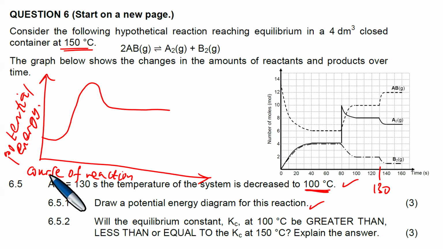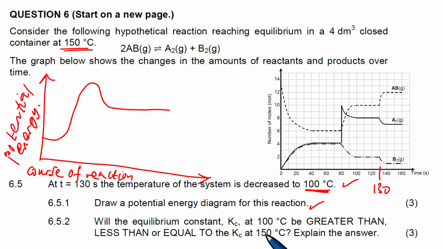This is what becomes noticeable, and I will elaborate more on this in a little bit, but this will be the potential energy diagram for this particular reaction. There are more details we are going to state, but let us first look at 6.5.2. Will the equilibrium Kc at 100 degrees Celsius be greater than, less than, or equal to the Kc at 150?